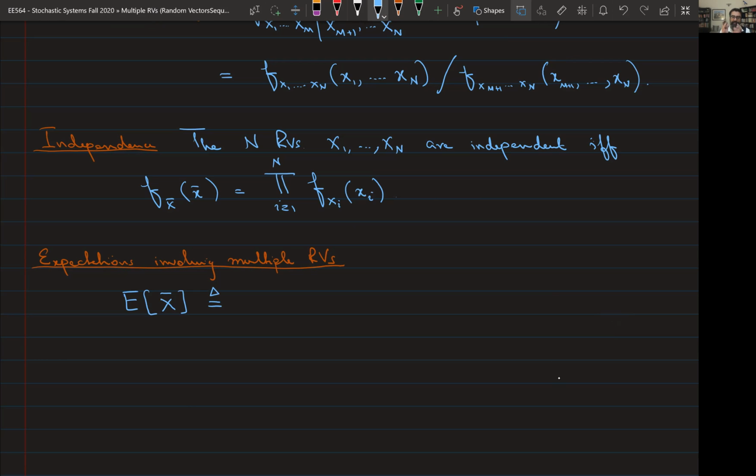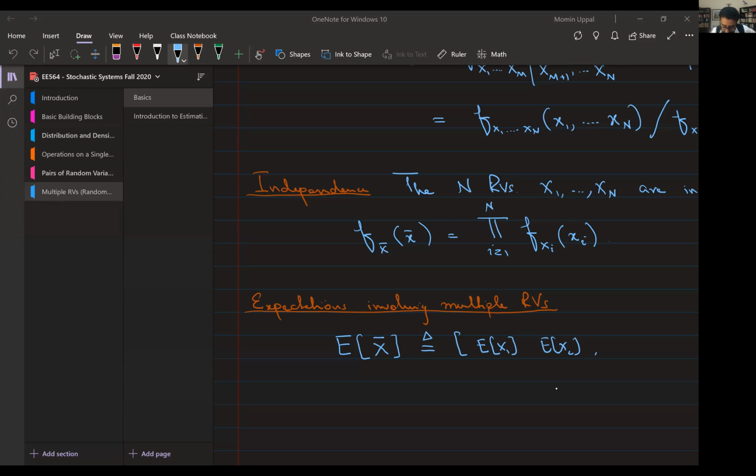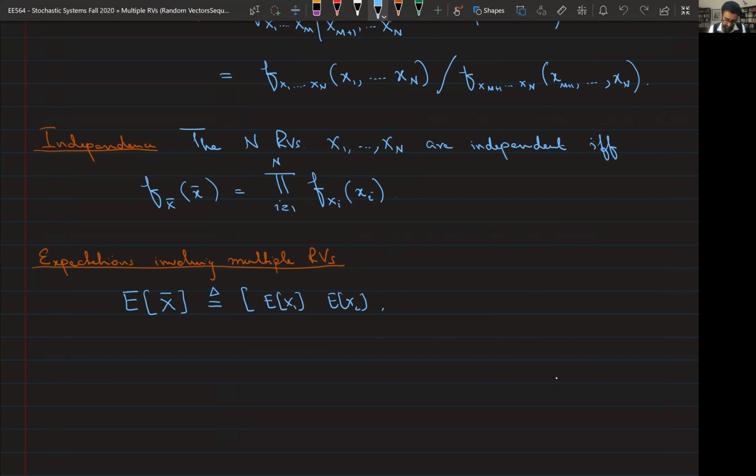So what is the expectation of a random vector? What I mean by that is that this is equal to the expected value of x1, expected value of x2, all the way up to expected value of xn, whole transpose.